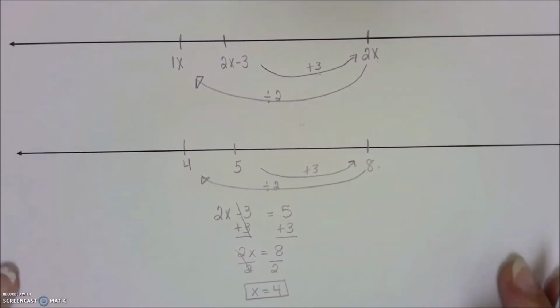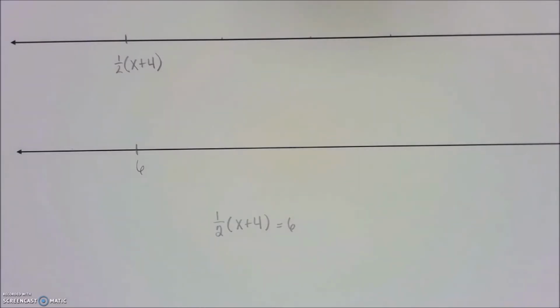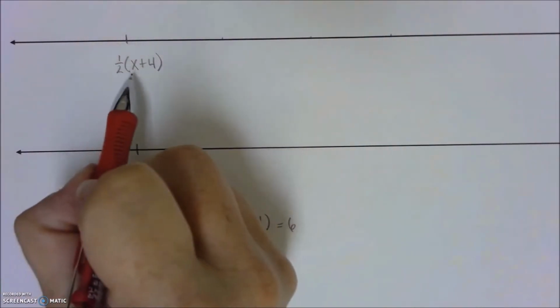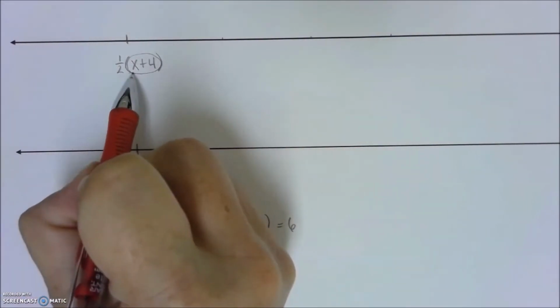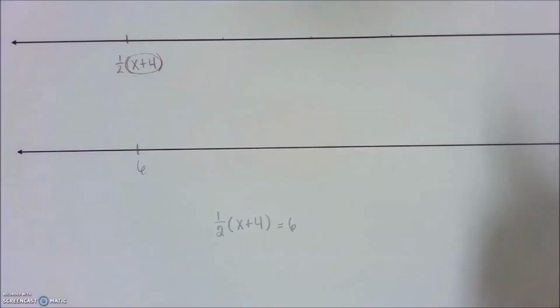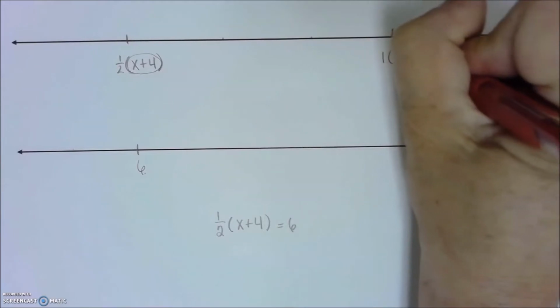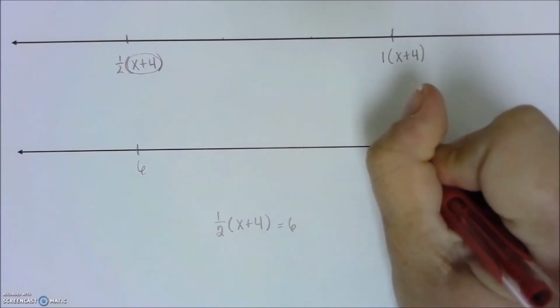In our final example, we have 1/2 times the quantity of x plus 4 is equivalent to 6. Half of this group is 6, so the whole group would be equal to 12.